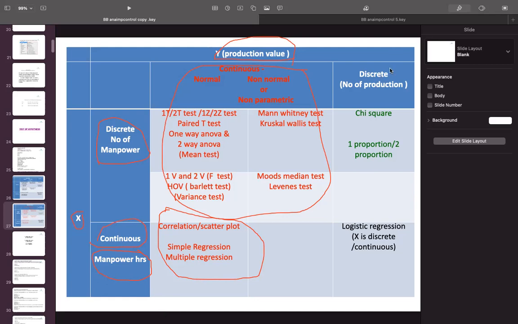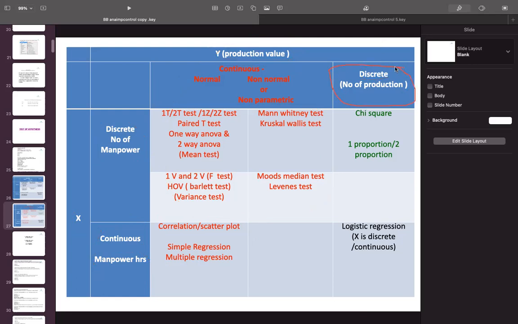Now coming to the next combination, your Y is discrete. For example, if your project is to increase the number of production, then what data is that? That is discrete, right? So your Y is discrete.